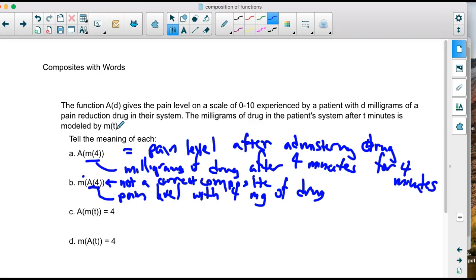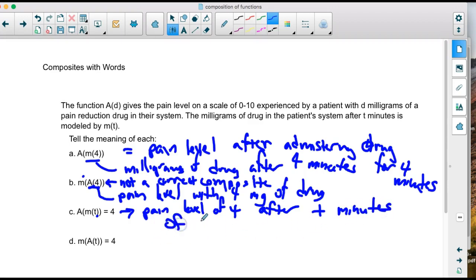Okay. All right. So this one means here that we're taking the milligrams after t minutes, and we're finding the pain level. So the pain level is 4, so this represents pain level of 4 after t minutes of drug in body.